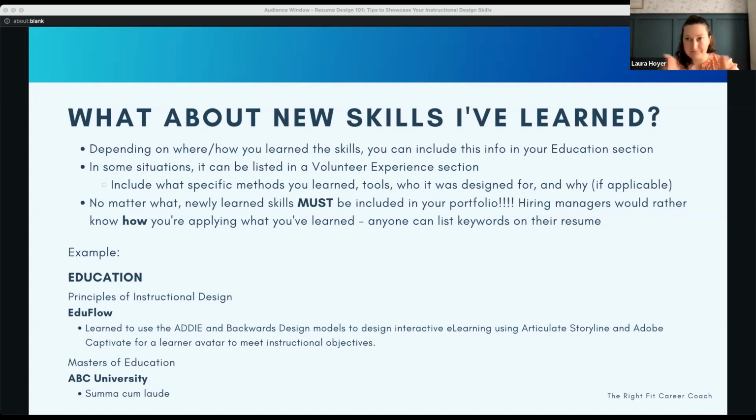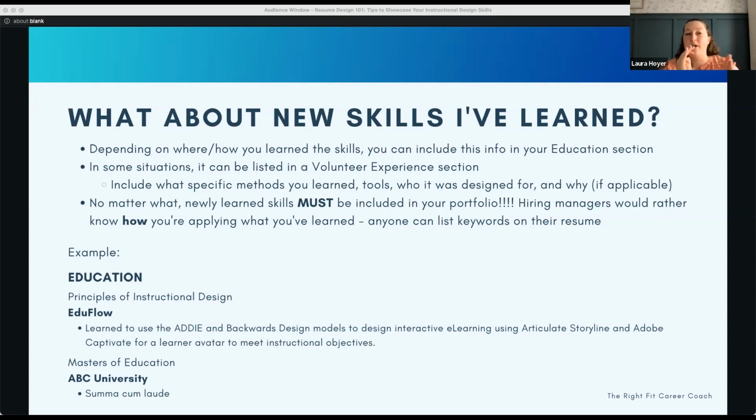So for example, if as part of a course that you've done or an academy, you developed let's say a storyline for a specific audience, you would want to talk about, for example, in the statement at the bottom, learn to use the ADDIE and backwards design models to design interactive e-learning using Articulate Storyline and Adobe Captivate for a learner avatar to meet instructional objectives.